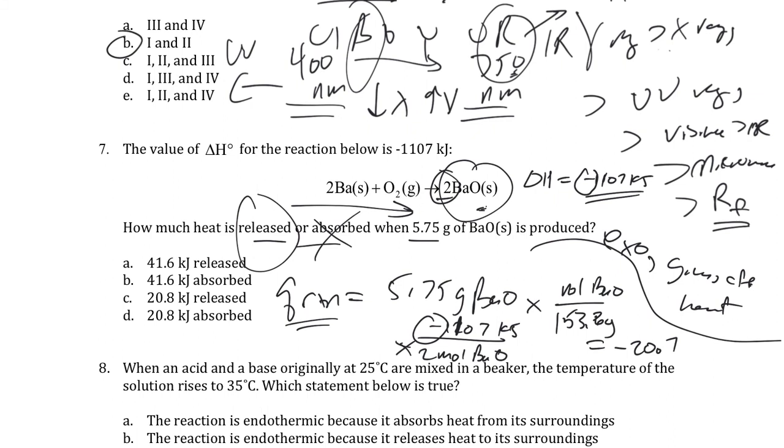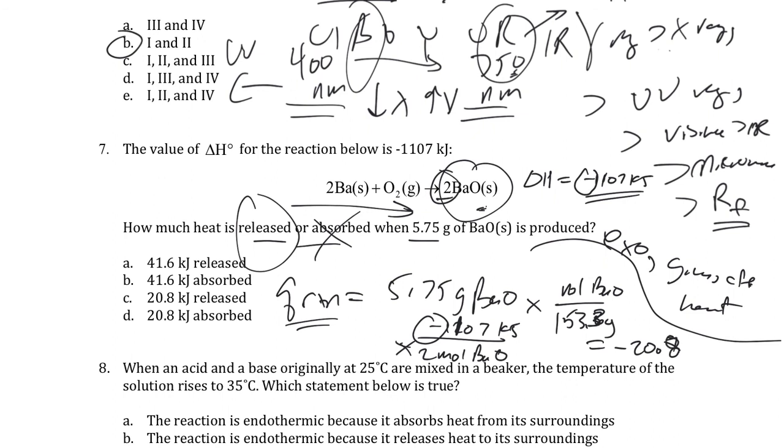No, this is 153.3. I said 153.6. So if we want to get it dead on, this should get it. It was off by a tenth. There we go, minus 20.8.